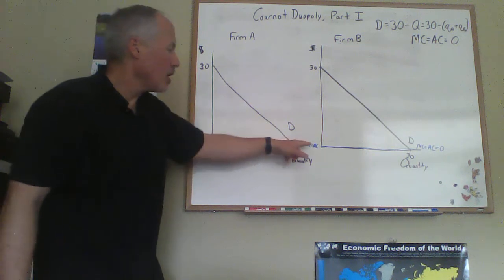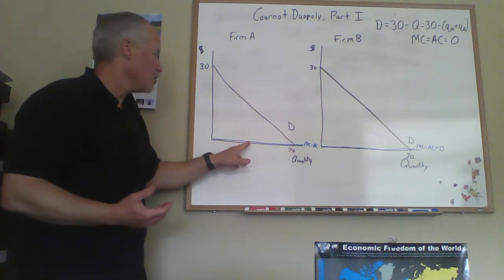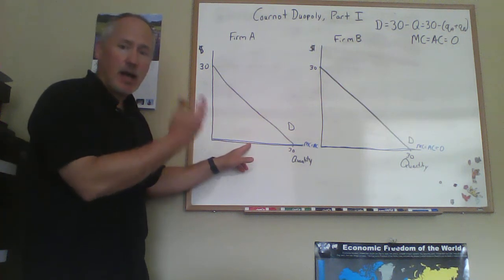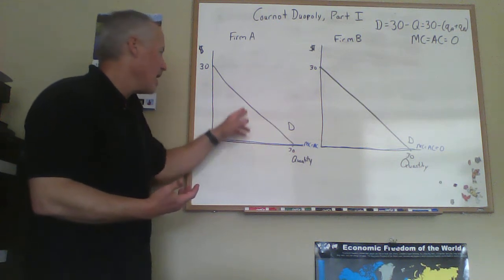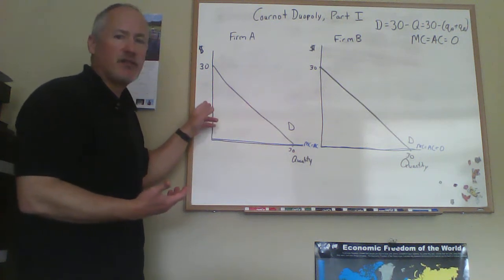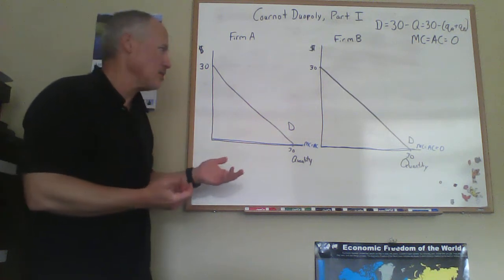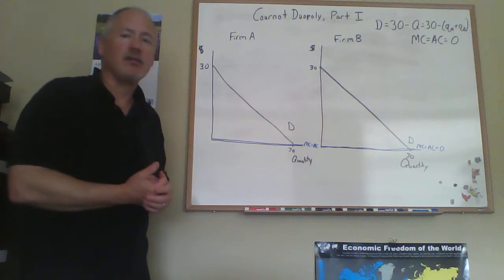And then since the marginal cost in this case is 0, then marginal revenue equal marginal cost. This firm A, if they were a monopolist, they'd provide 15 units of water to the community, and then they charge a price of $15, and they'd make a profit of $225, 15 times 15. And so that would be the end of the story if this was a monopoly.